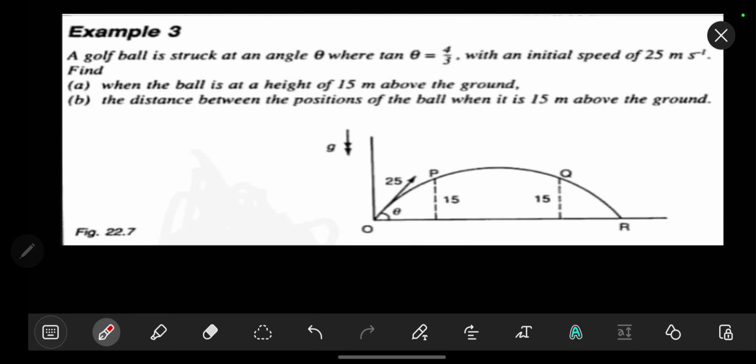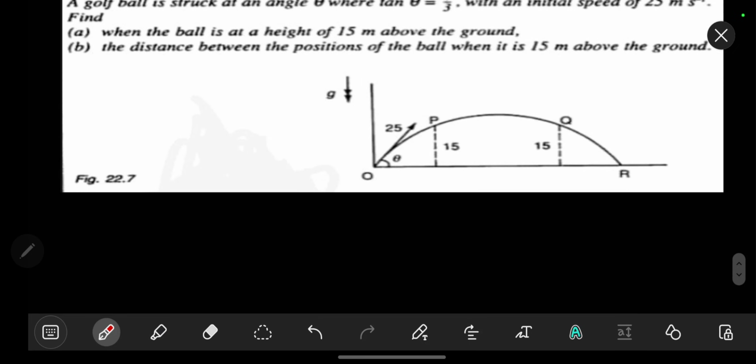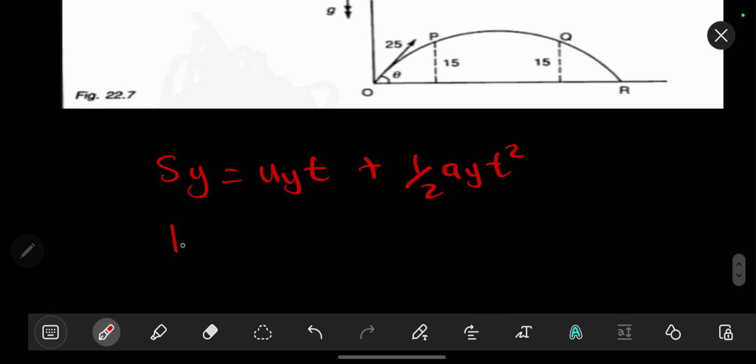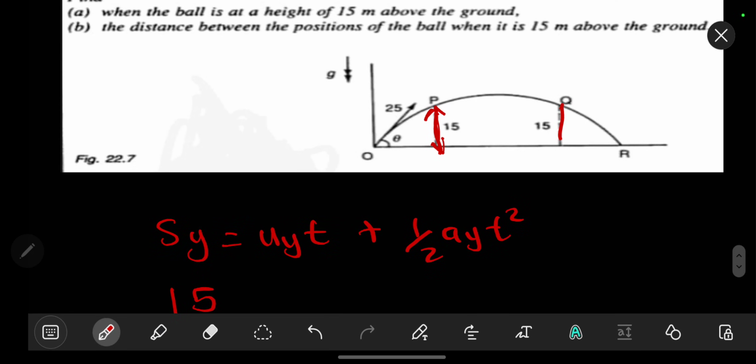We have a golf ball struck at an angle. So we say that sy should be equal to uy t plus half ay t squared. The distance in the y is 15 at these two points.